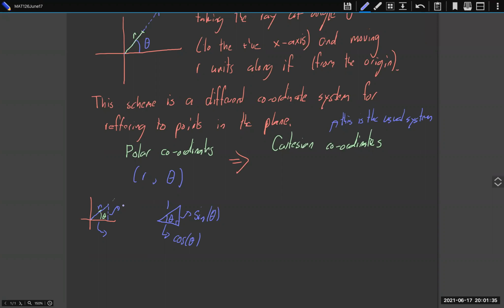Well, I've scaled everything by r now, right? It's not 1, it's now r. So what do I get? R sine, yeah, exactly. Thanks. And this is r cos theta.